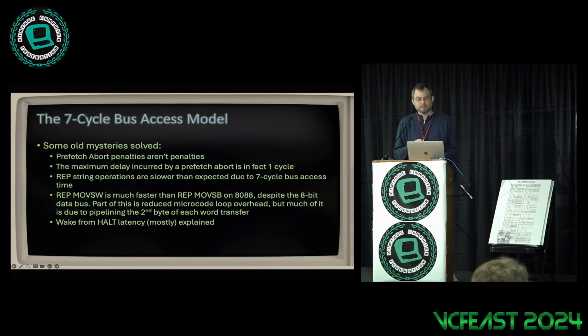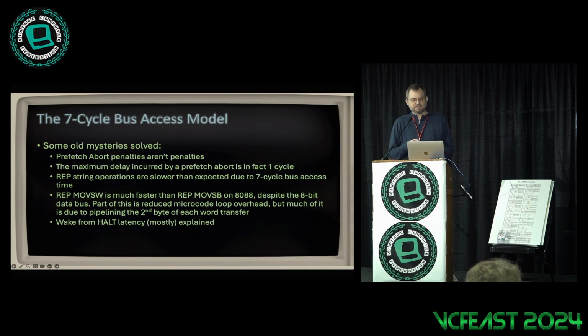It's not that much. Some assembly programmers in the crowd may know that the MOVSW instruction was much faster than MOVSB. Even though the 8088 had an 8-bit bus, you wouldn't think that it would have much of an advantage. You're still trying to suck bytes through an 8-bit straw.